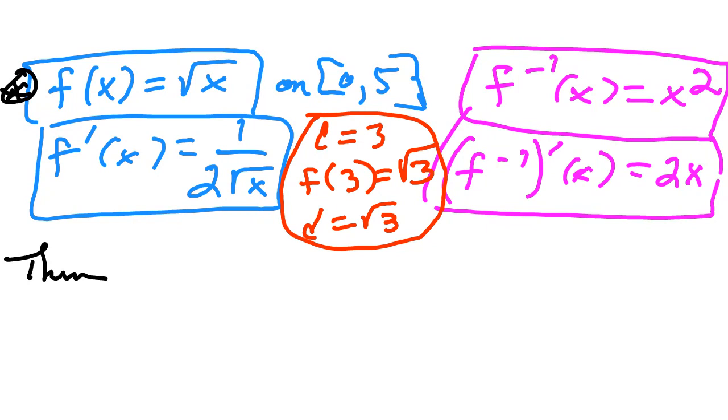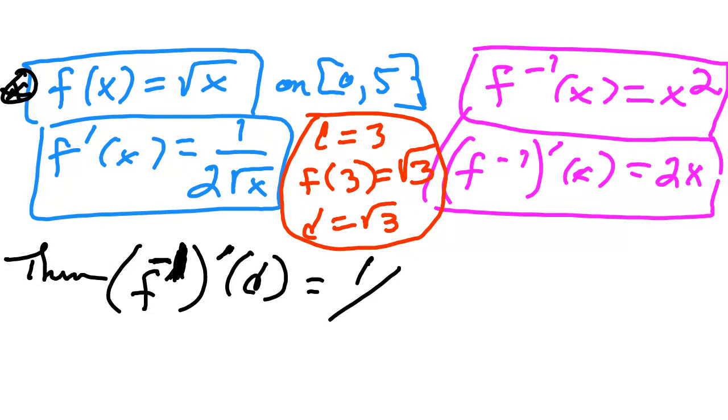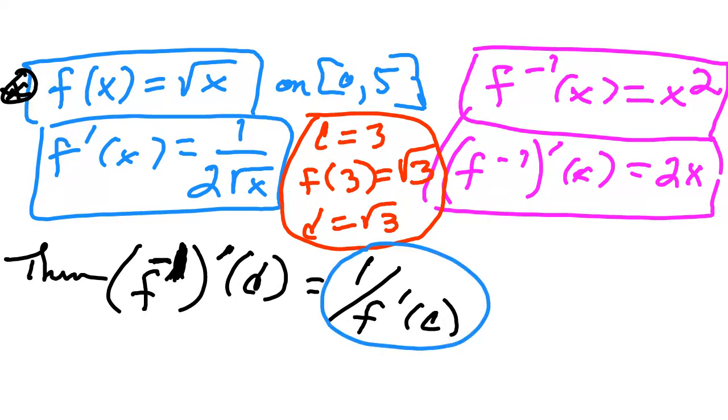If the derivative of the inverse exists at d, so f inverse prime at d is going to equal 1 over f prime at c, if f prime at c exists and is not equal to 0, which let's do that. Let's just work on this side. That's going to be the blue, right? Because that's f prime. So the right side is 1 over f prime at c.